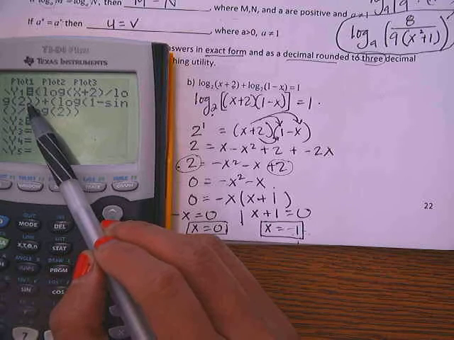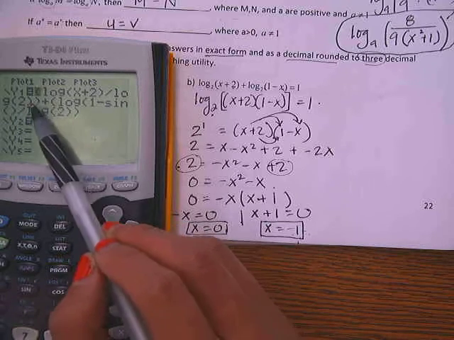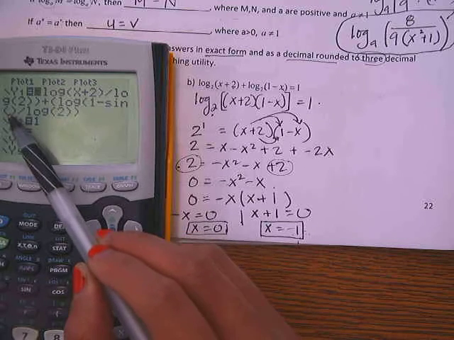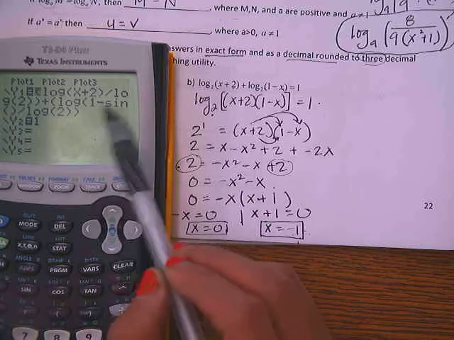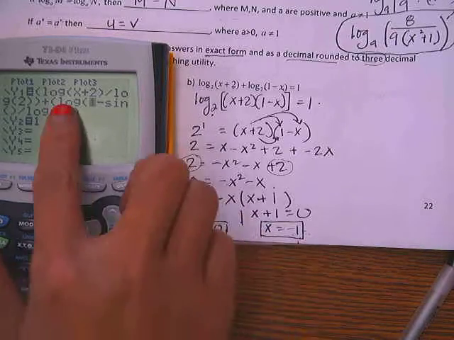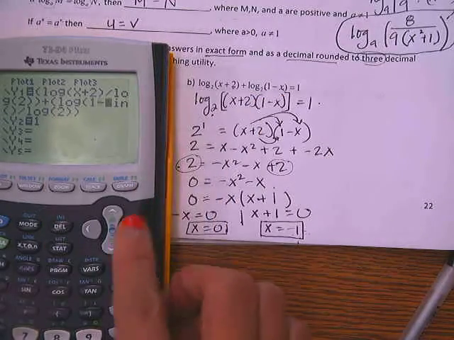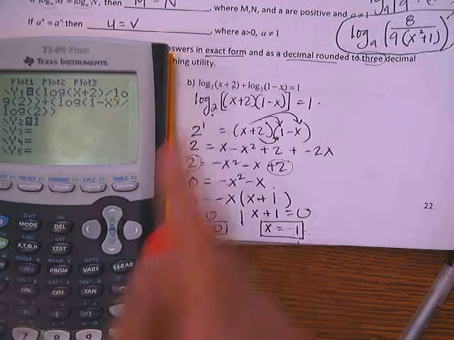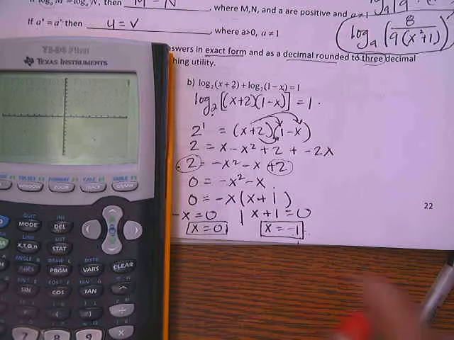So I have only 1 close, 2 close, 3 close. Okay, we're good. 1 open, 2 open parentheses. Oh wait, something here is missing. Oh, I have sine. Okay, so that's what's happening. This is supposed to be log of 1 minus x. All right, so that was my bad. Okay, there you go. So syntax, I mean, I typed it in wrong. Right, graph.